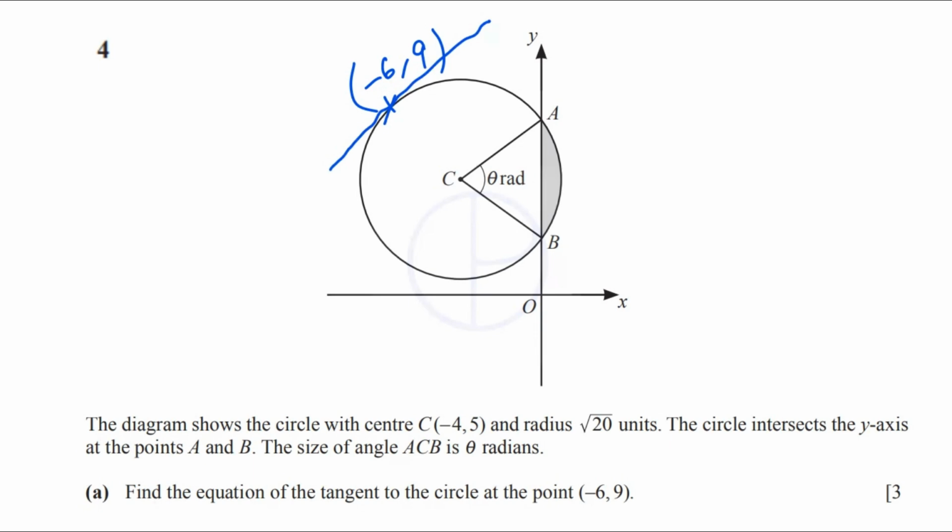So how to find the equation of the tangent? We know the point which lies on the tangent, and we need to find the gradient of the tangent. So we can find the gradient of the tangent from the gradient of the radius.